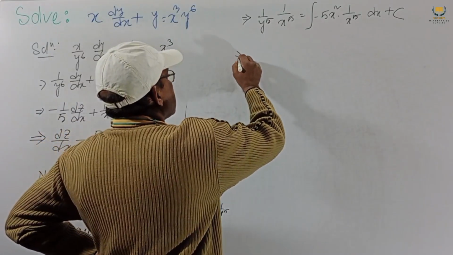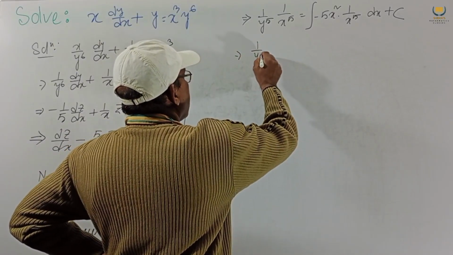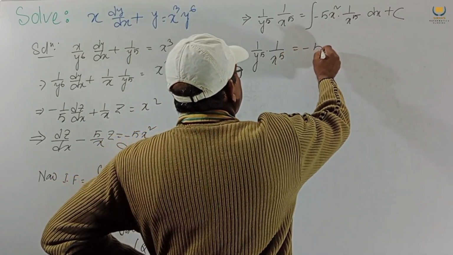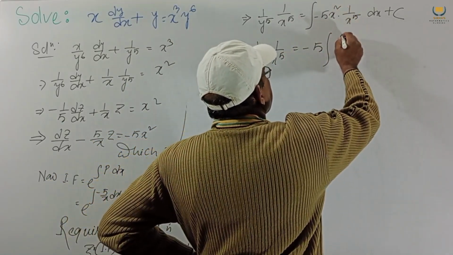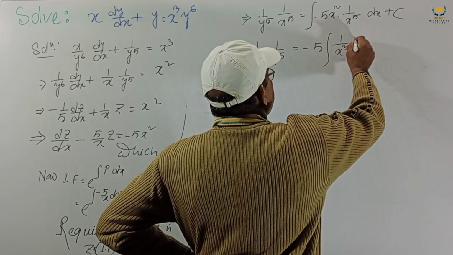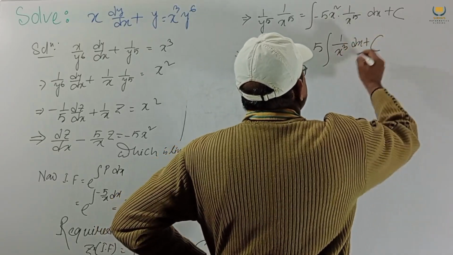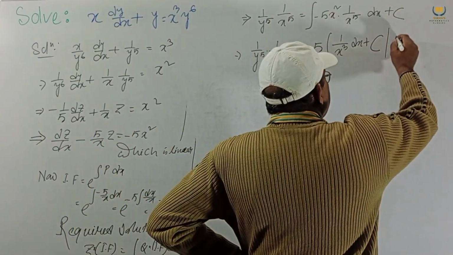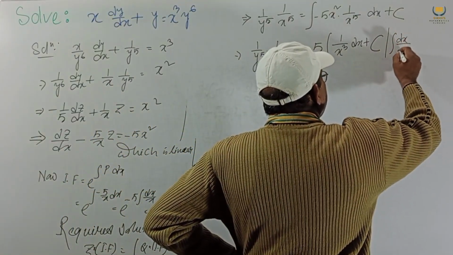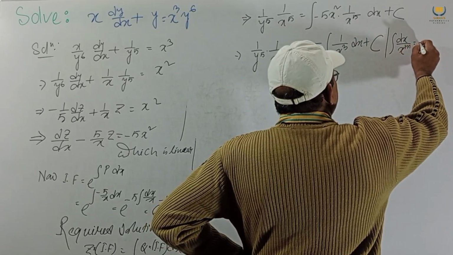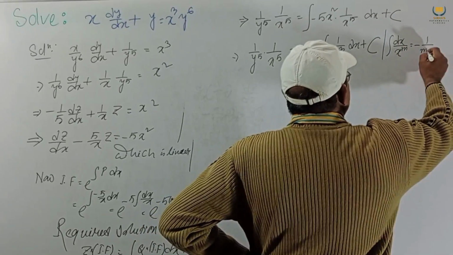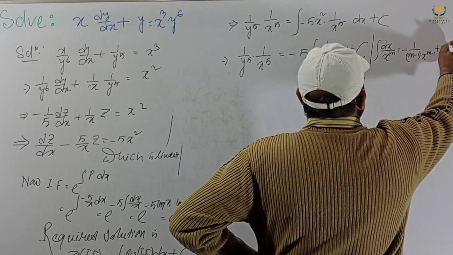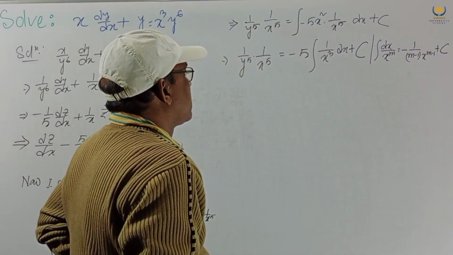So this implies 1 by y to the power 5 into 1 by x to the power 5, this minus 5 outside, this x square cancels, 1 by x cube dx plus c. But you know this formula, integration dx by x to the power m is minus 1 by m minus 1 into x to the power m minus 1, plus c.